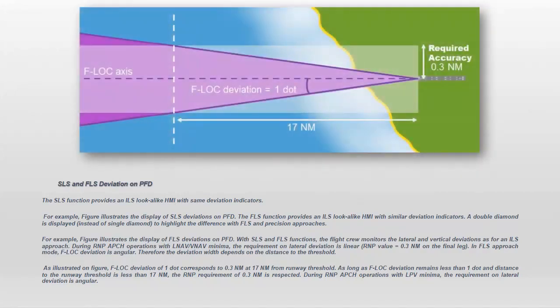As illustrated on figure, FLS localizer deviation of 1 dot corresponds to 0.3 nautical miles at 17 nautical miles from runway threshold. As long as FLS localizer deviation remains less than 1 dot and distance to the runway threshold is less than 17 nautical miles, the RNP requirement of 0.3 nautical miles is respected. During RNP approach operations with LPV minima, the requirement on lateral deviation is angular.